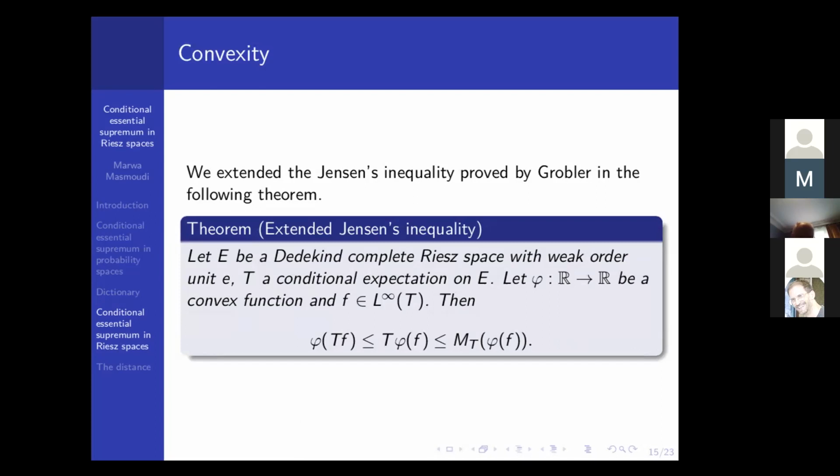If we take a Dedekind complete Riesz space with weak order unit, equip it with a conditional expectation T, and if phi is a convex function from R to R, then for any F in L infinity of T, phi of T F is less or equal than T of phi F, which is less or equal than big M_T of phi F. The first inequality has been already proved by Grobler, which is the Jensen inequality. We added the second one using the notion of conditional supremum.